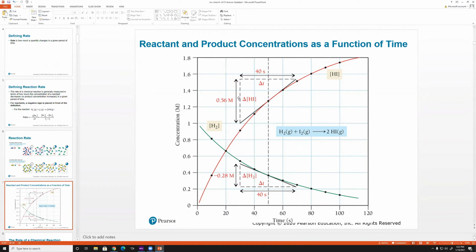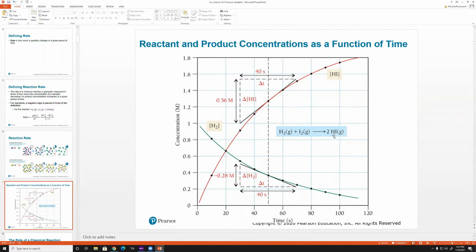So the slope is the change in your y versus your change in x. In this graphical context, the change in y is going to be your concentration in molarity, and then your change in x is going to be your time. So molarity per second. And that's another way graphically, if you're given a graph, you can figure out the reaction rate of either the products increasing or the reactants decreasing.